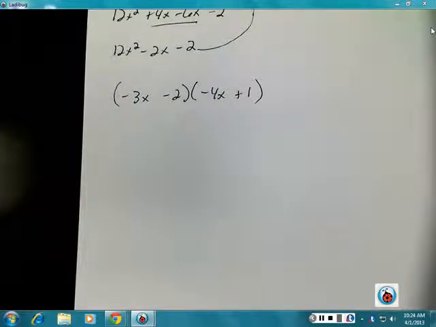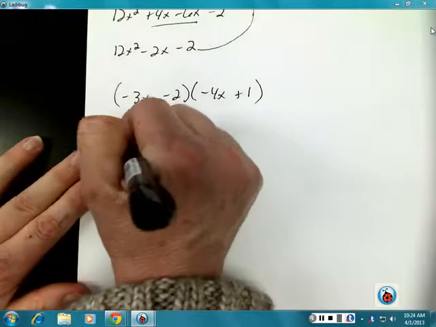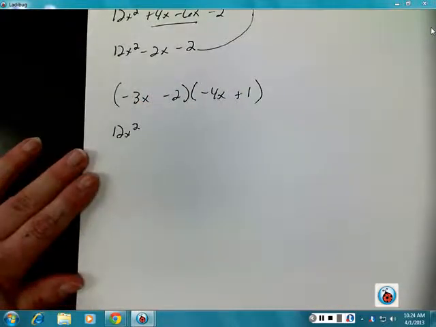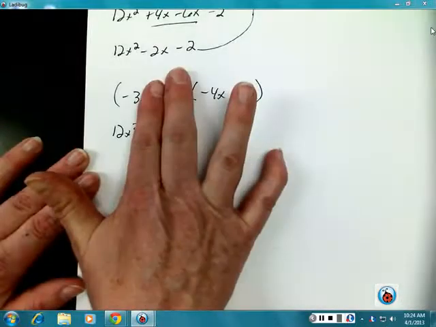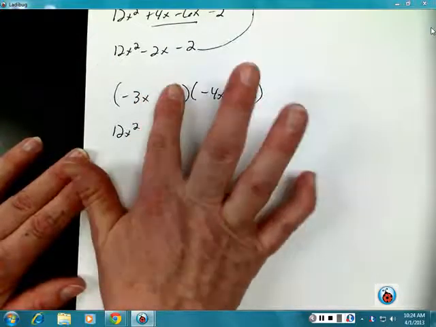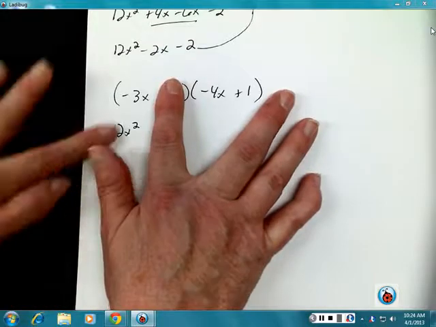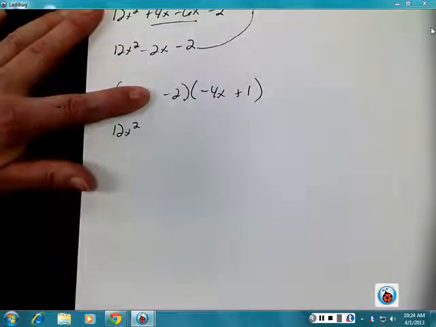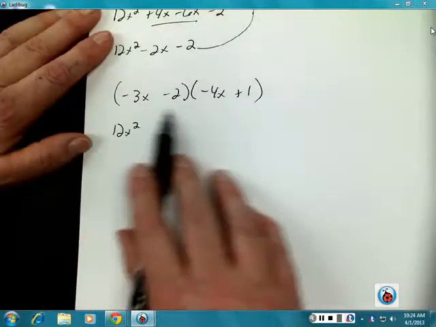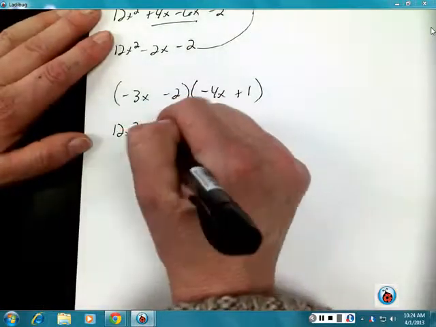A lot of sign change stuff is happening in this thing. If you're having problems with that, treat it as if you have just a plain monomial out here. Take that negative 2 out of there and multiply it by each piece. And then do the opposite of taking the 3x out if you're having a problem getting those things to multiply correctly: negative 3x times a negative, or negative 3x times a positive 1.